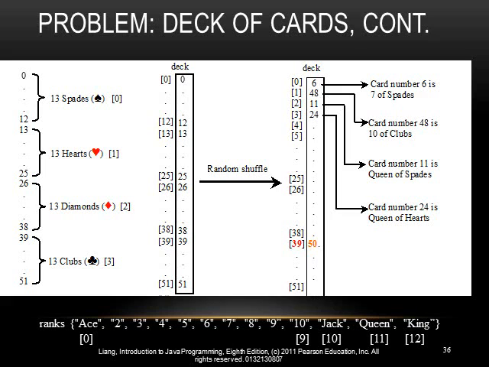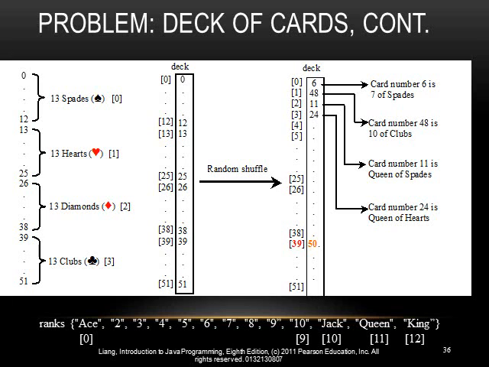I think this visual gives a pretty good idea of what's going on. Conceptually, the deck is divided into 4 suits of 13 elements each. Our deck is initially loaded with the values 0 through 51, and then it's shuffled. Now suppose that our random index generator results in a value of 39.